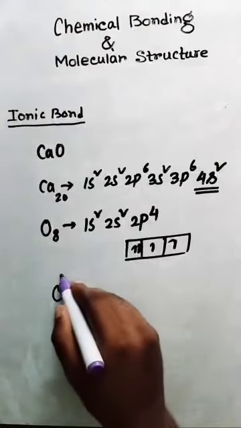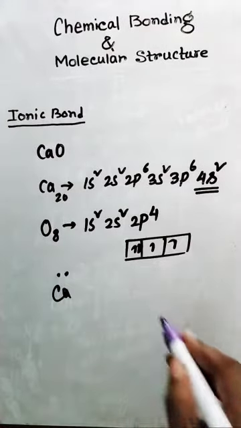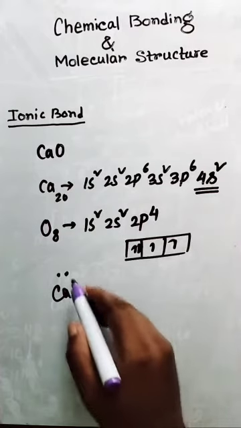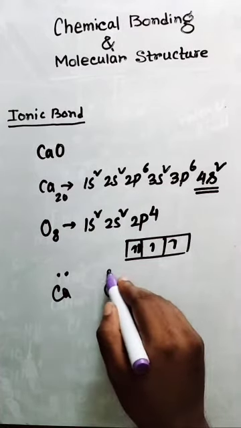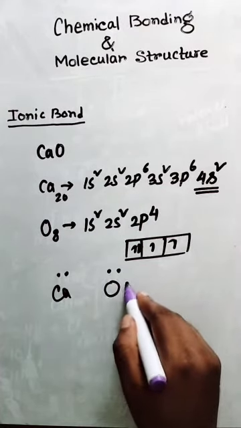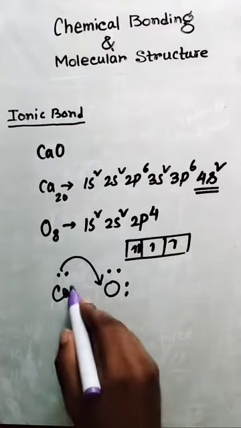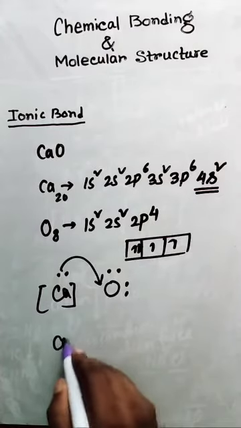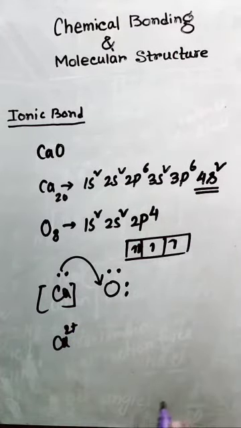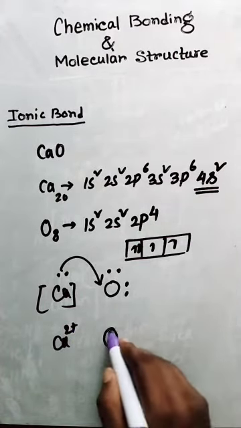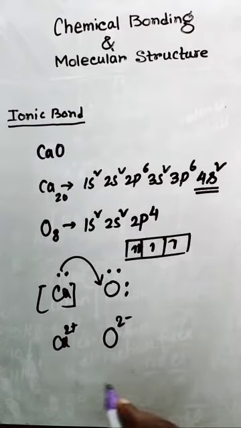So calcium, which has 2 electrons in its valence shell, donates these electrons to the oxygen atom. Therefore, calcium transforms into calcium 2 plus and oxygen transforms into oxygen 2 minus.